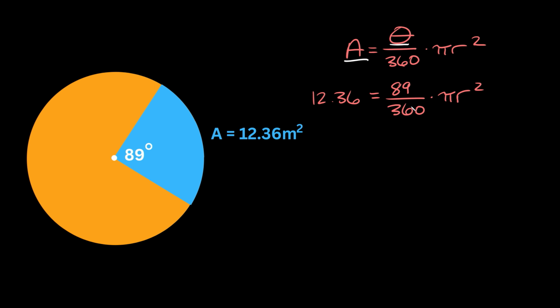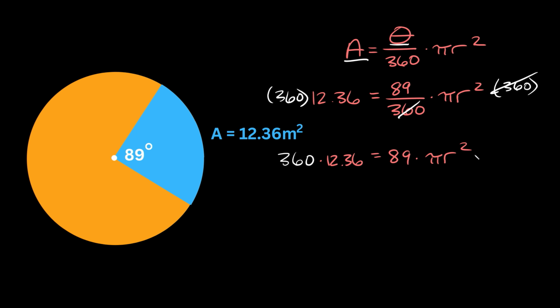First thing we can do is get rid of this 360 on the bottom by multiplying both sides by 360, right? So then on this side, those cancel out. And on the left side, we have 360 times 12.36, and that's equal to, let's see, 89 times pi r squared, all right?